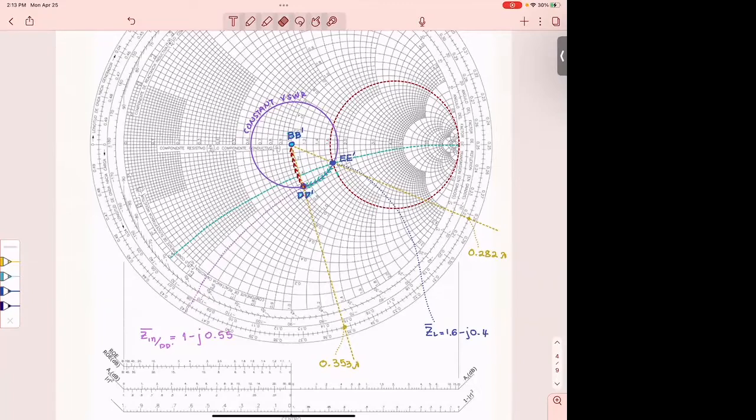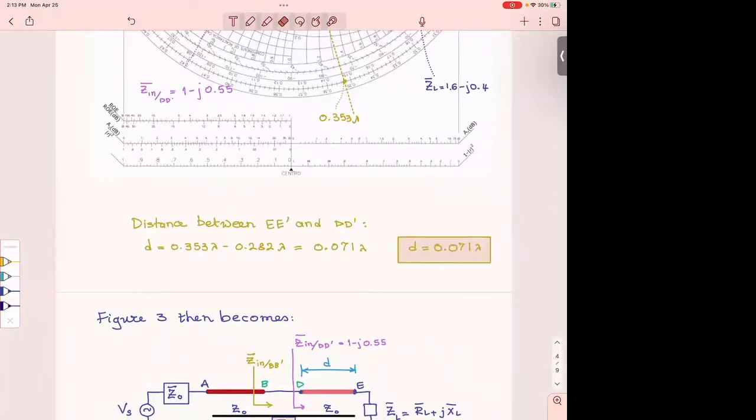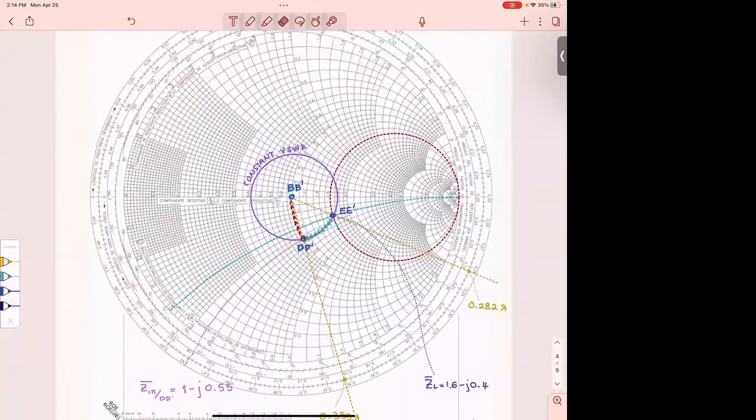So the difference between these 2 numbers is important, and it tells me that I have to move on the transmission line by 0.071 lambda. And at that point, I place a stub, because the stub is going to be placed at DD prime. And the stub, you remember that stubs are either open or short? What is the input impedance of a stub?